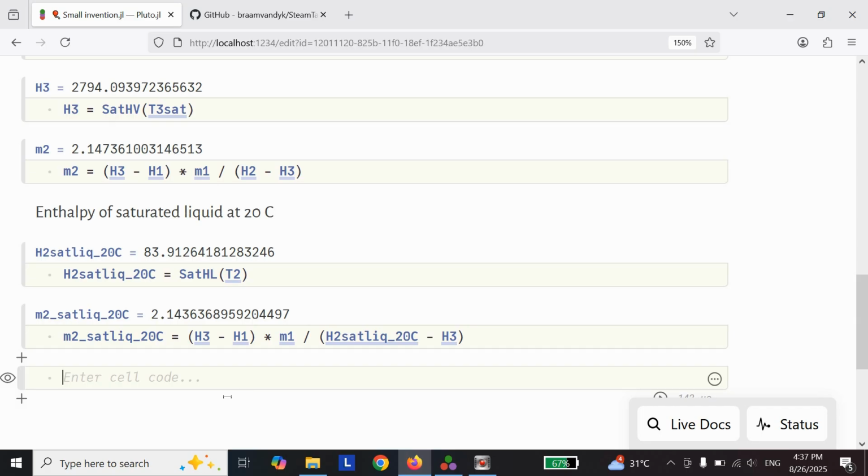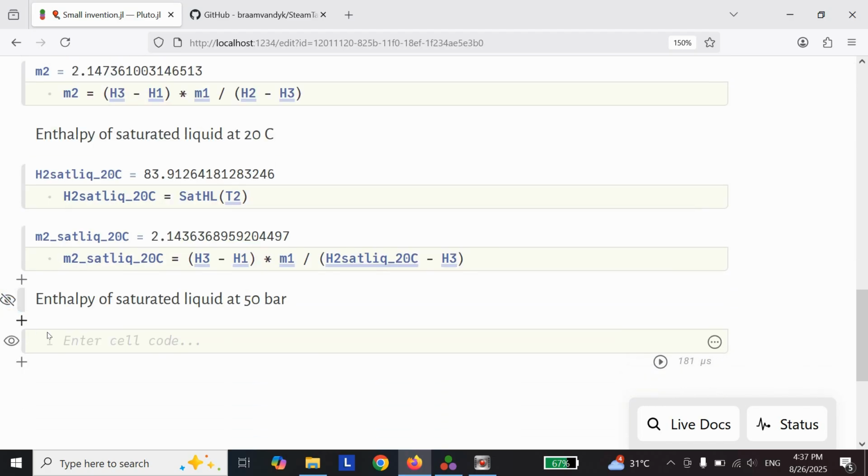Okay. However, if I use the enthalpy of saturated liquid, but instead of fixing temperature, I fix the pressure to 50 bar, now I can calculate enthalpy H2 sat liquid 50 bar by using the same command sat.hl, because I'm going to find the enthalpy of liquid phase at saturation.